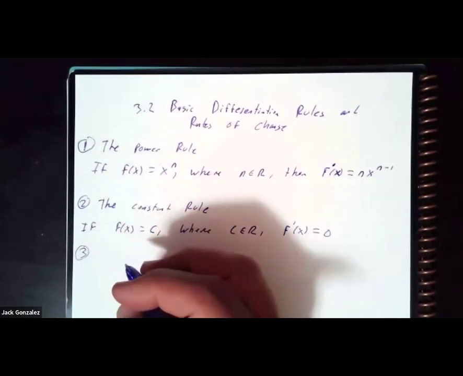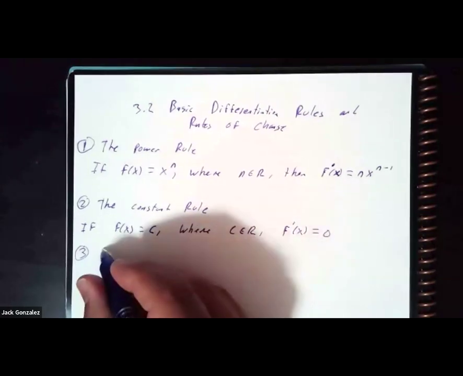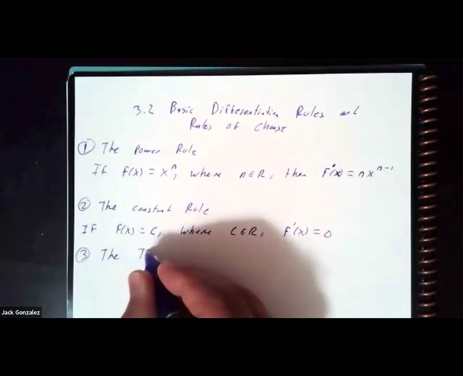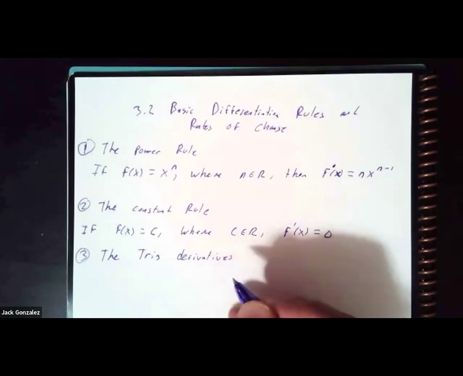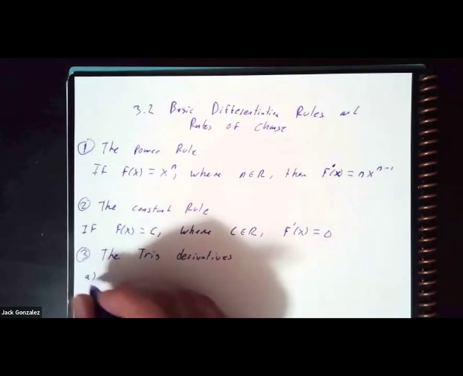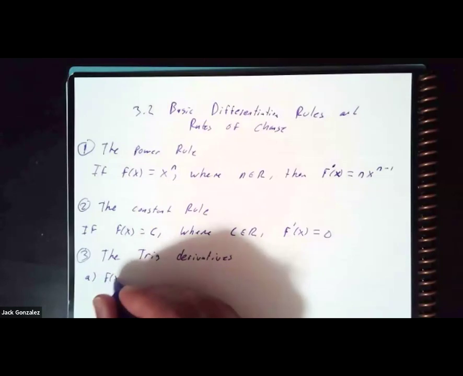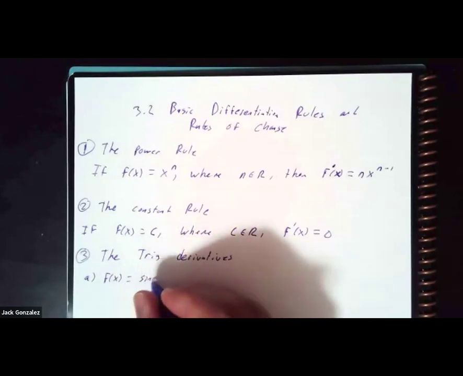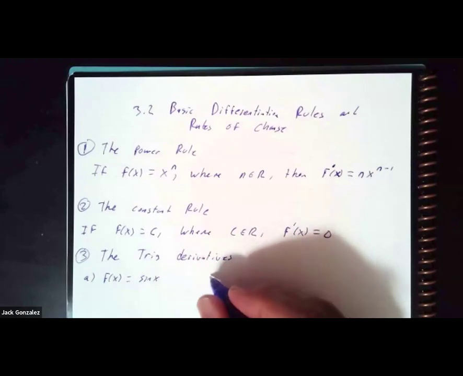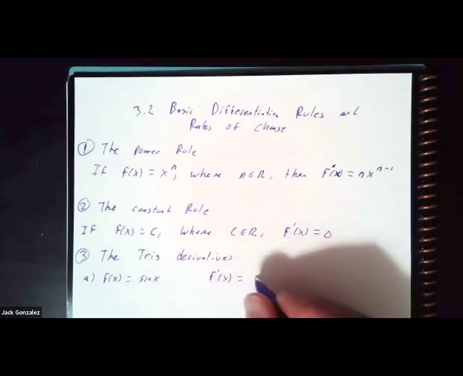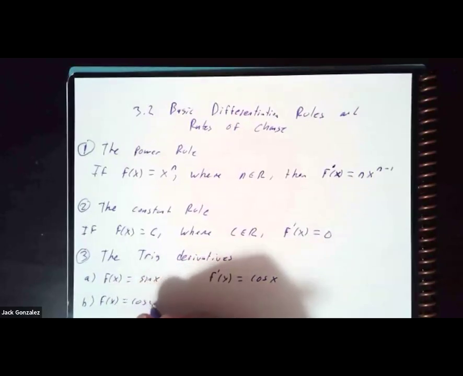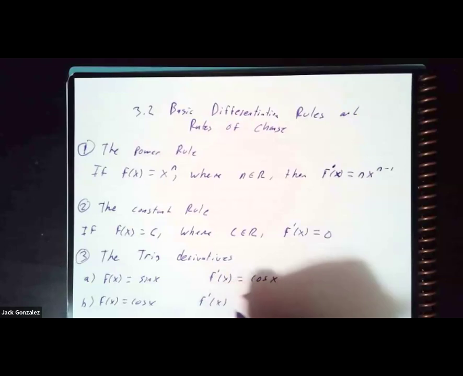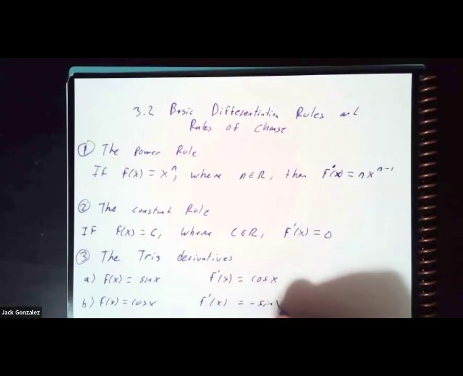Number 3. Here are a bunch of formulas for the trig derivatives. First one, f of x is equal to sine x. So the derivative would be equal to cosine x. Part B, if your function is equal to cosine, the derivative will be negative sine x.